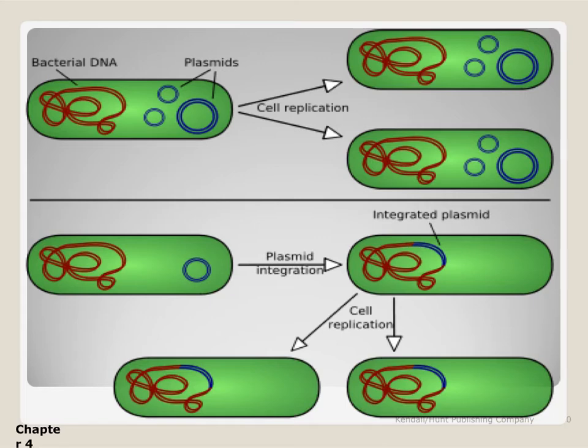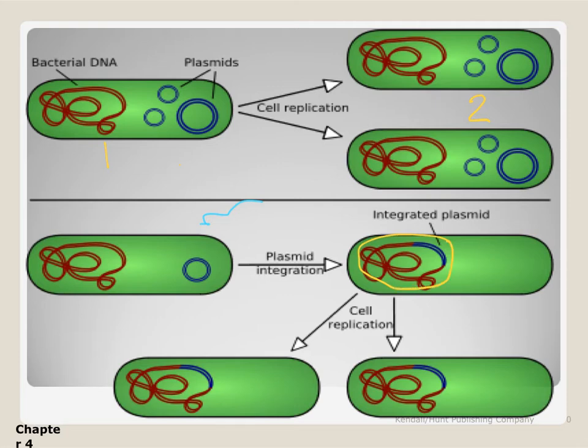Okay, so again, if you look, you have your one cell. Let me change to a different color here. So you have your one cell over here becoming two cells, right? In order to do that, we've got to replicate our DNA. First off, you have your circle, your plasmid, and it's going to integrate into the rest of the DNA.